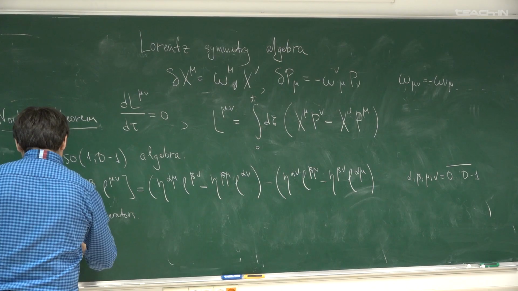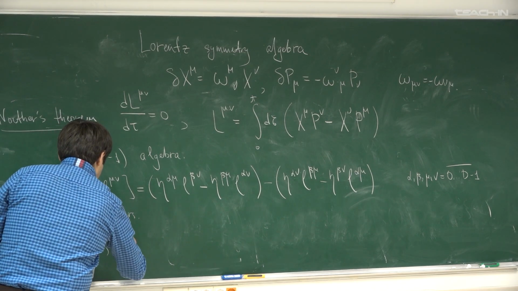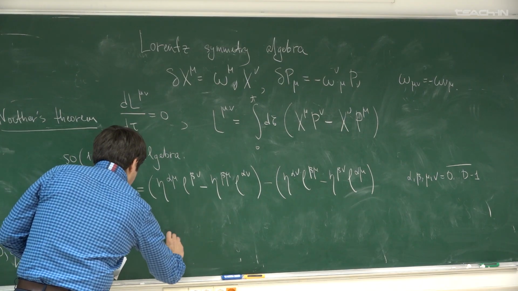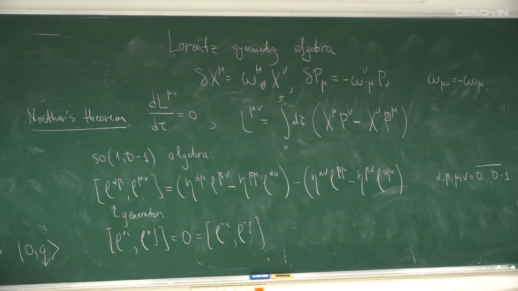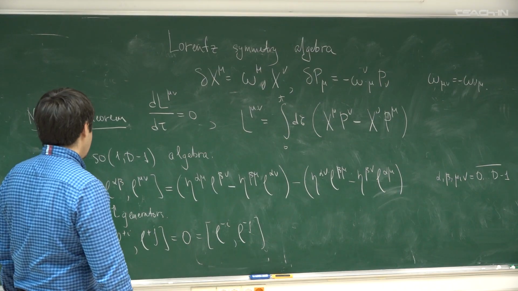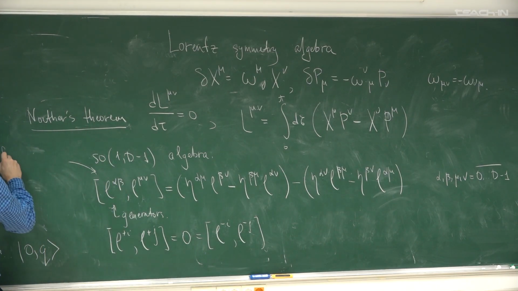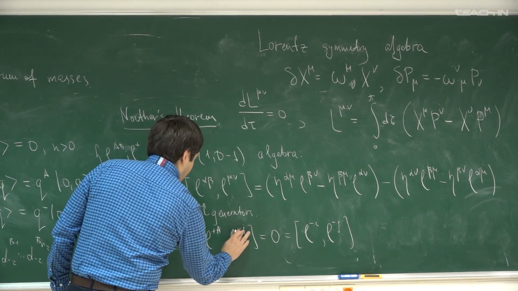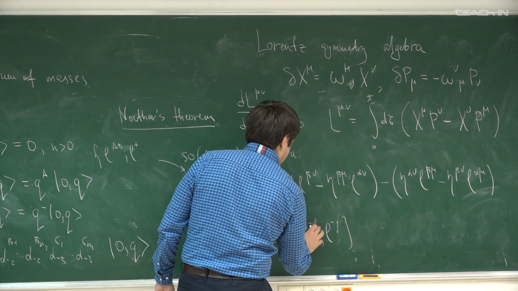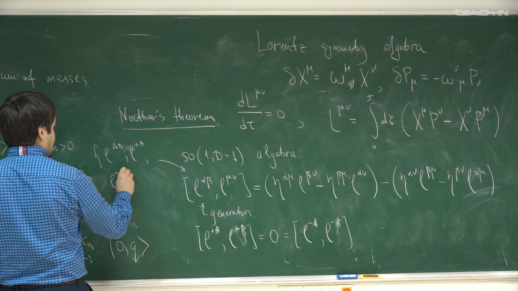In particular, we find that the commutator of L plus I with L plus J is 0, and this is the same as for L minus I, L minus J. The generators can be split, using Roman capital letters as before, as L AB, L plus A, L minus A, and L plus minus.